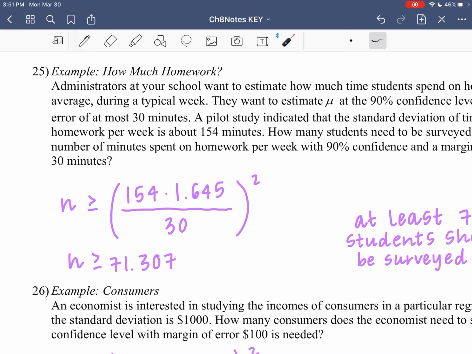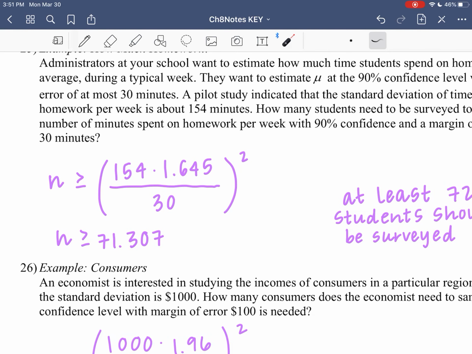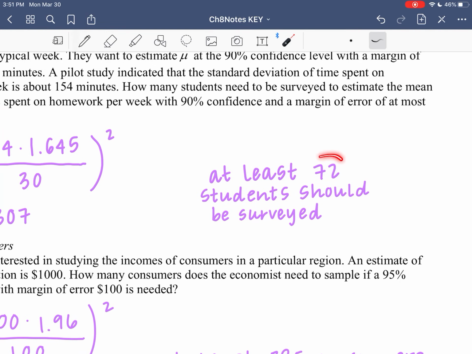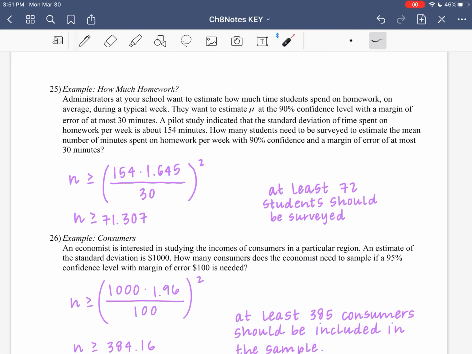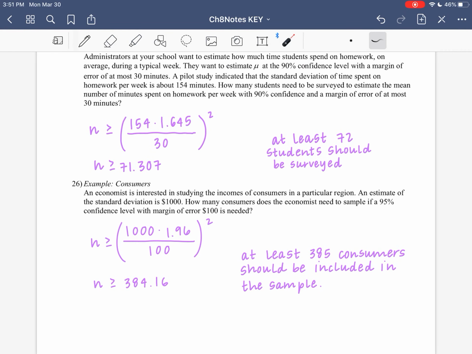So we can use StatCrunch for that again. 1.645 z-star critical value will give us a 90% confidence level. And then 30 is the margin of error we are trying to obtain, or at most 30 minutes. So that entire quantity squared gives us n is greater than or equal to 71.307. Again, that inequality says greater than or equal to, so we want to make sure that we round up to that next whole number.